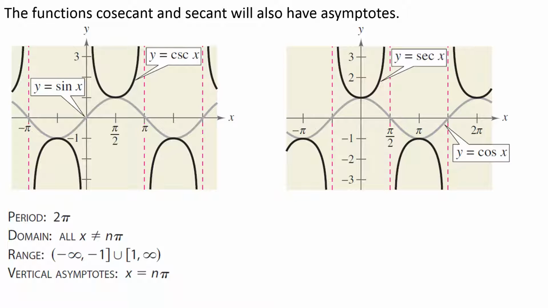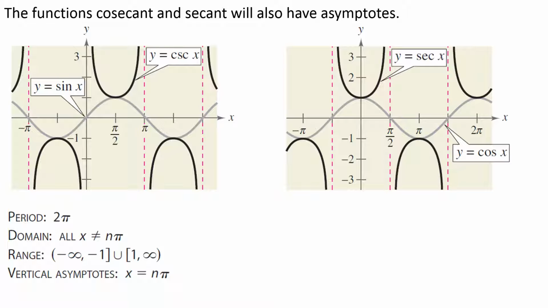Secant. Again, if I'm going to graph secant, my visual aid is actually to graph cosine first, because anytime cosine hits a relative maximum or relative minimum, secant will do the opposite, either reaching its relative minimum or relative maximum.